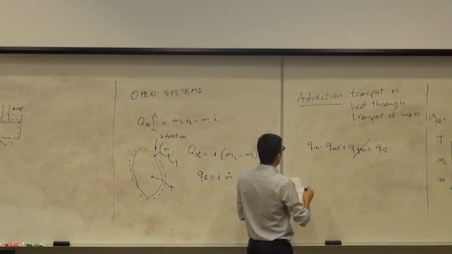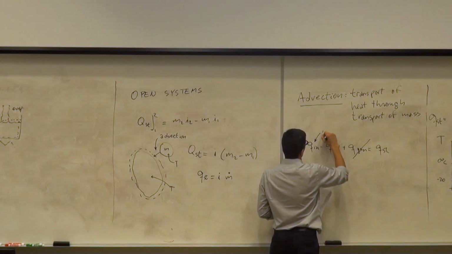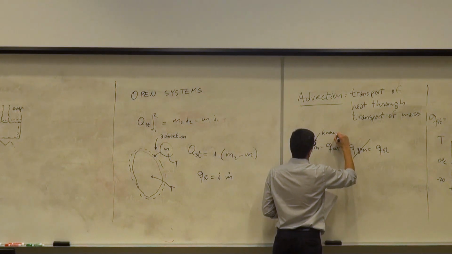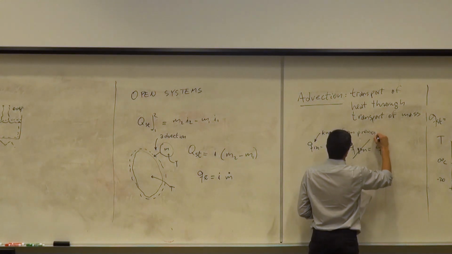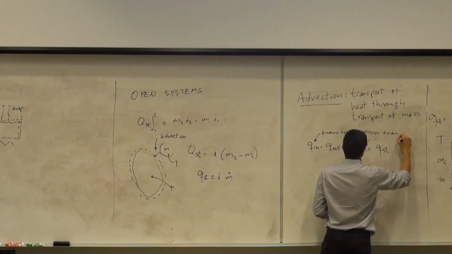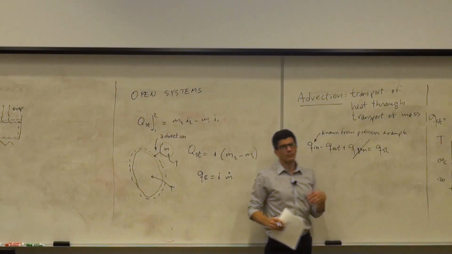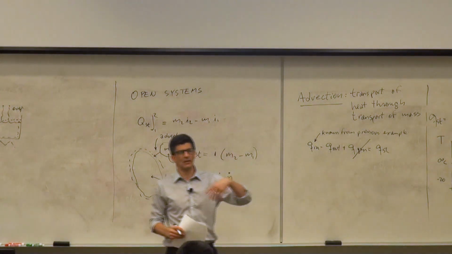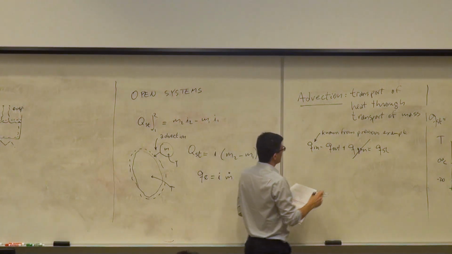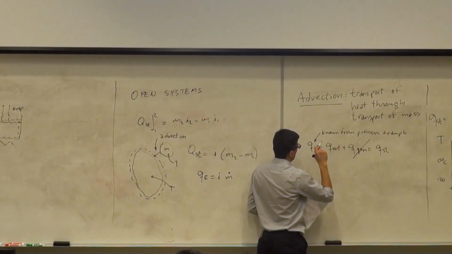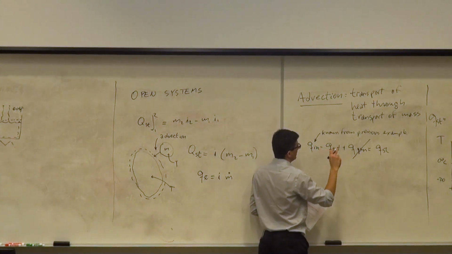The Q in we know, right? This is known from the previous example. Whatever heat conduction heat transfer mechanism we have, that's the same. So we know there's no generation. We know the heat in.